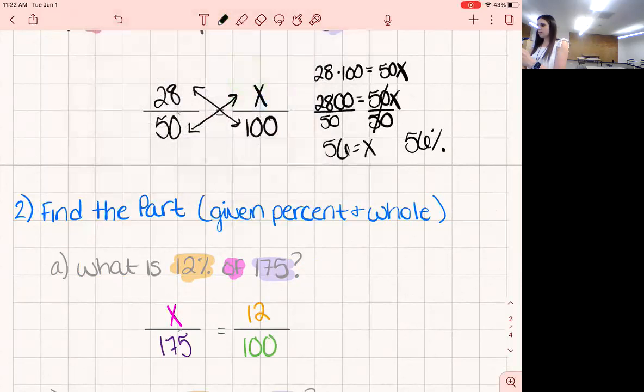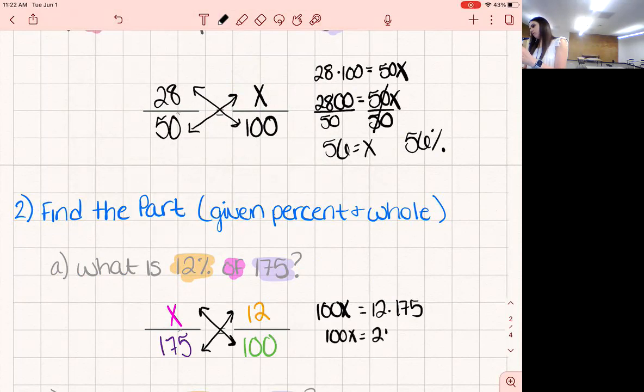Cross multiply. We're going to get 100x equals 12 times 175. You're more than welcome to use a calculator to figure that out. You get 100x equals 2,100. Solve for x, we divide by 100, divide by 100, and we should get x equals 21.